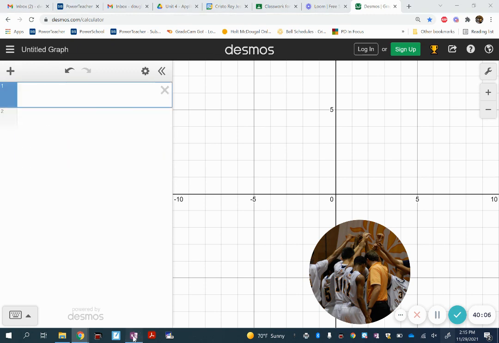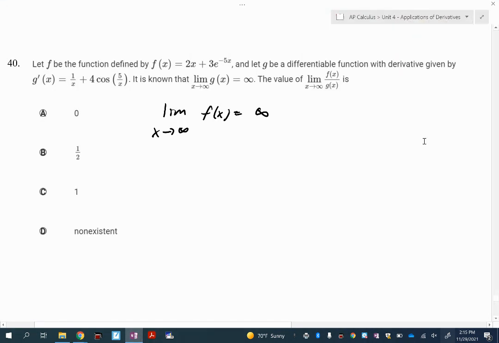So what I just proved is that the limit as x approaches infinity of this f of x function is also infinity. So that means I can find the derivative of this function f of x and then put it over the derivative of g of x, which they gave me, and see what I get. Okay? So the derivative of 2x is 2.